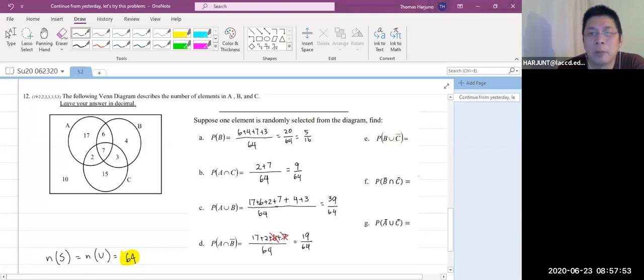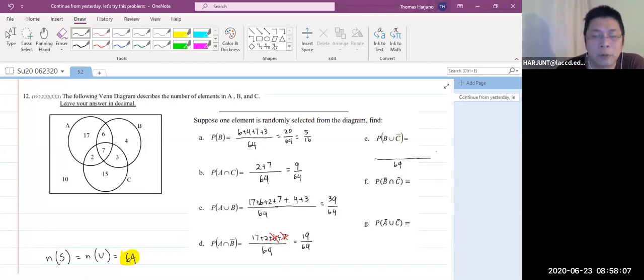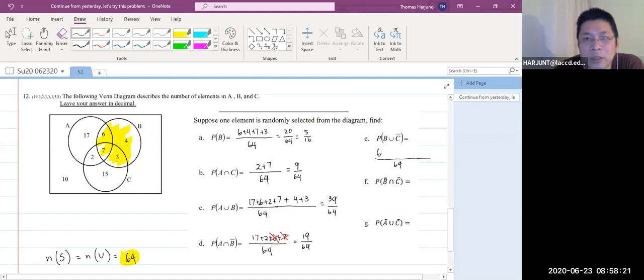Part E, probability in B or not in C. Again, we take it from the whole Venn diagram, so it's over 64 possible elements to choose from. Those in B, this is the one in B. Okay, let me add them up first. That will be 6 plus 4 plus 7 plus 3. Now, it is an OR, which means we just add whatever is in the second requirement.